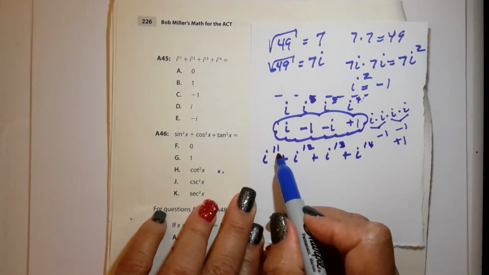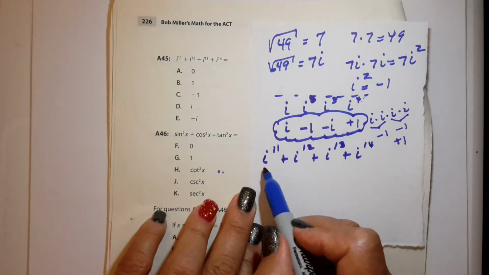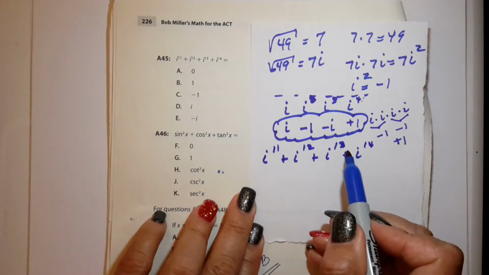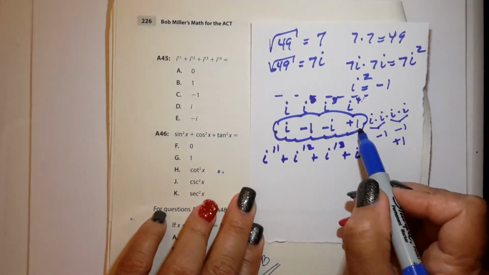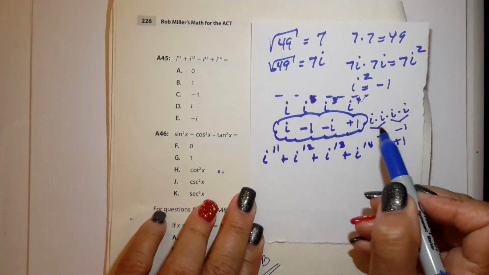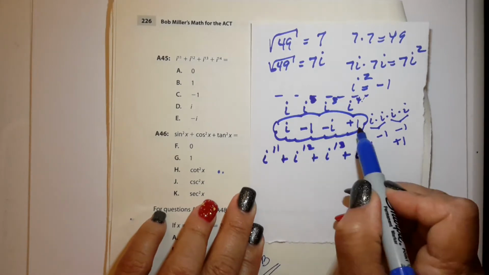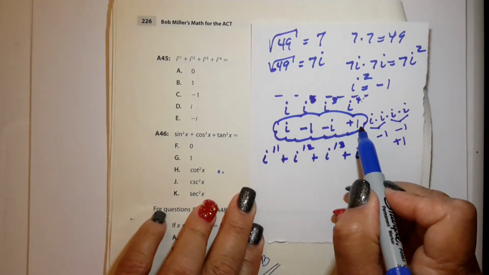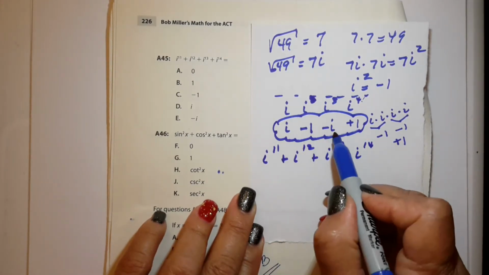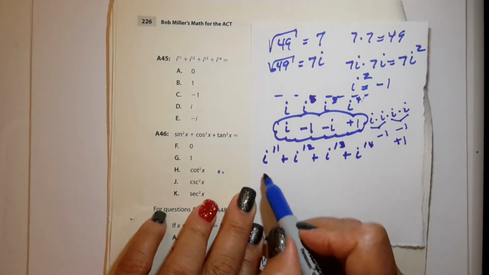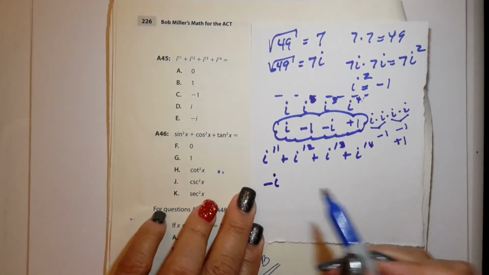I know that i to the 8th is going to be 1, because it's here: 4, 5, 6, 7, 8. Then 8, 9, 10, 11. So i to the 11th power is the same thing as negative i.